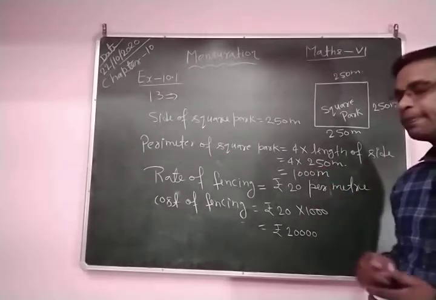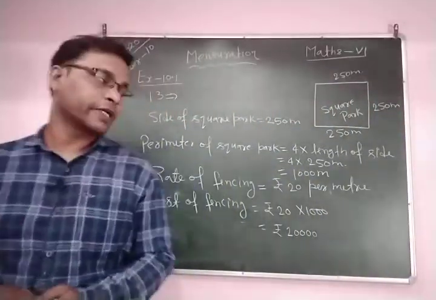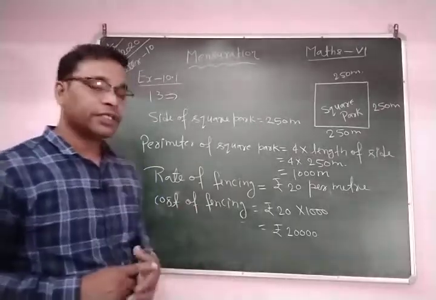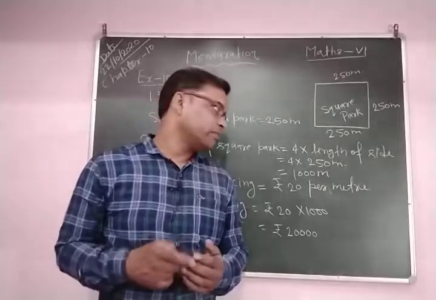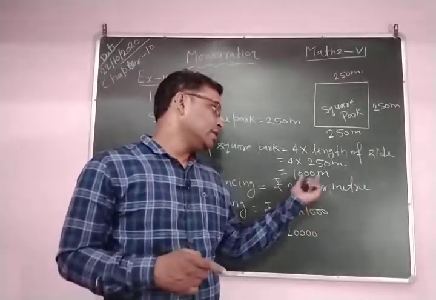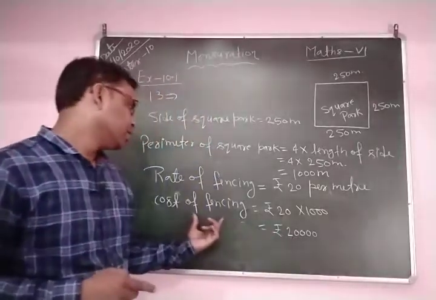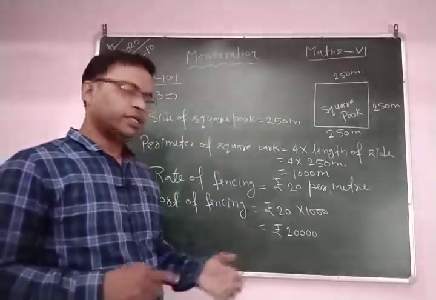In this way we find the perimeter of the square park is 1000 meters. The rate of fencing is rupees 20 per meter. When you multiply this rate by the perimeter, we obtain the cost of fencing. So the cost of fencing is equal to rupees 20 into 1000, which is 20,000 rupees.